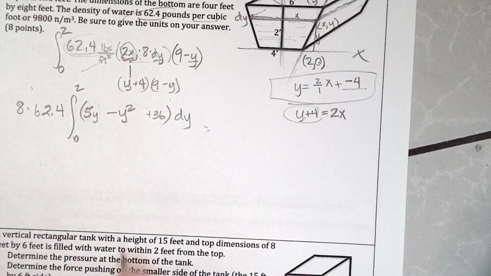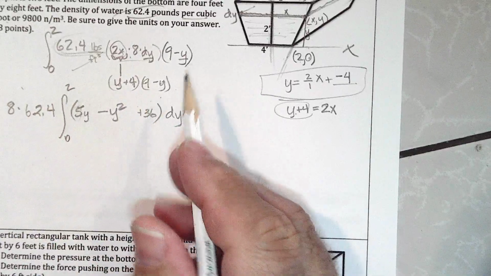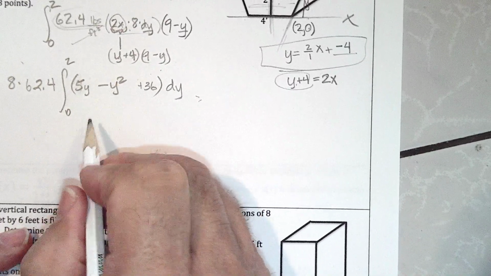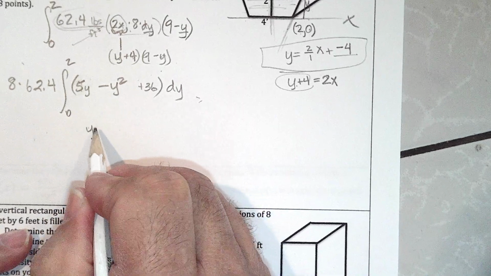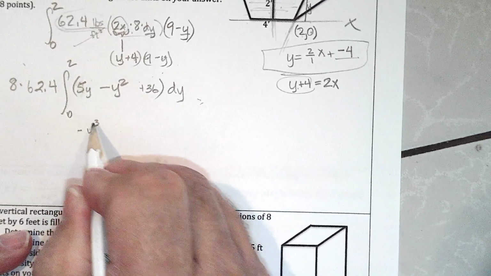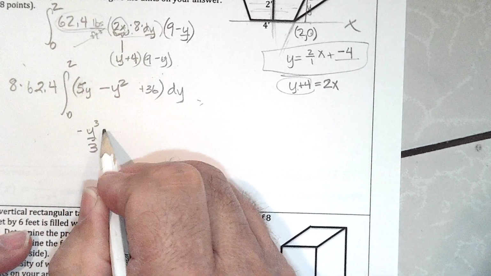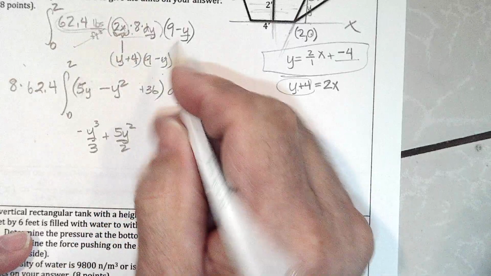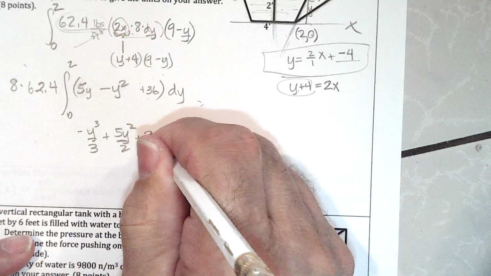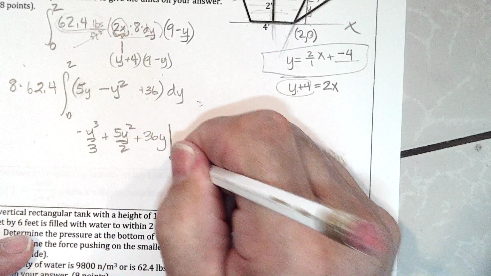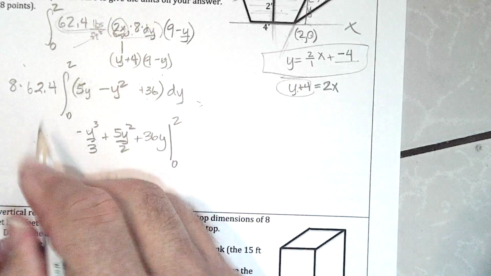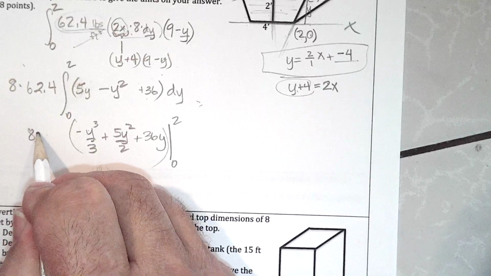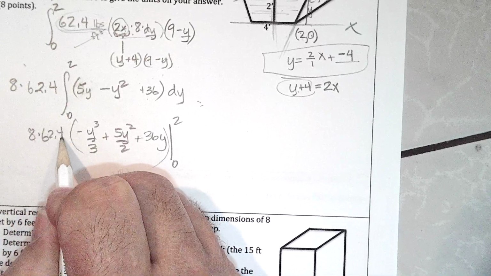So the antiderivative of this, I mean, you don't have to, you can just type this in the calculator, but the antiderivative of this is negative y to the third over 3 plus 5y squared over 2 plus 36y evaluated from 0 to 2, and all that answer times 8 times 62.4.